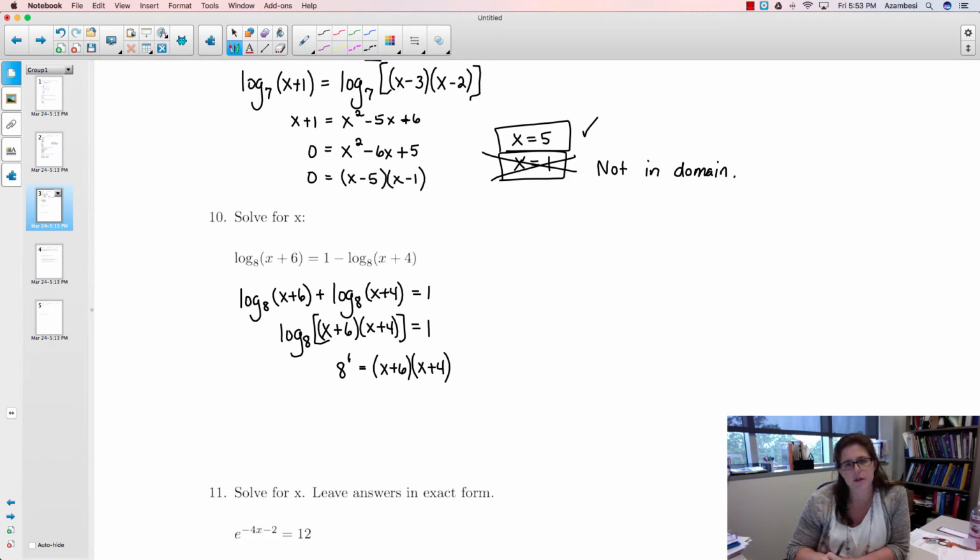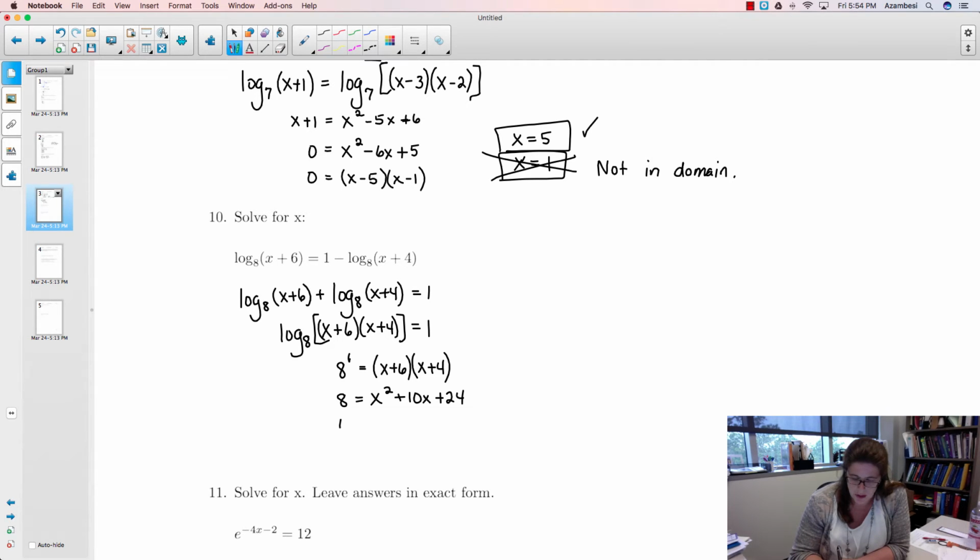Now don't set each of those equal to 8. Algebraically that doesn't work. I have to FOIL it, move everything to one side, solve it like a quadratic. So 8 is equal to x squared plus 10x plus 24.